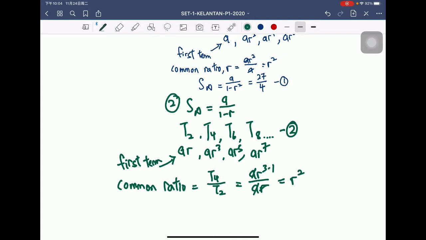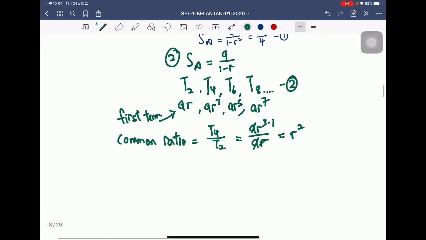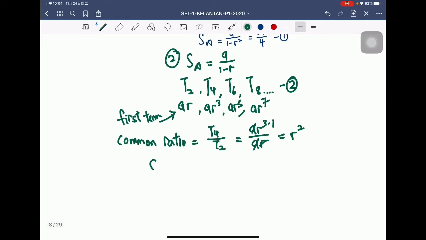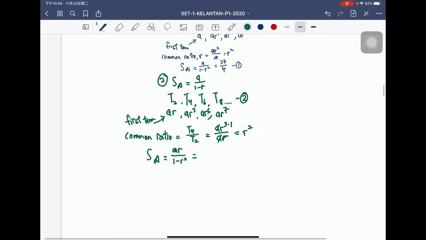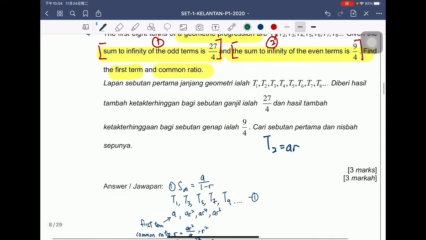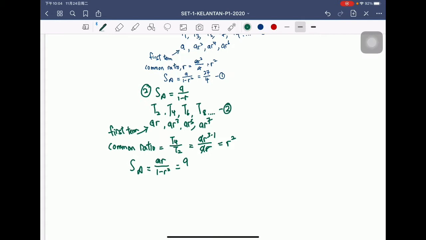So the common ratio is r squared. For the second equation here, S infinity will be the first term, ar, over 1 minus r squared, and the answer is equal to 9 over 4. So this is our second equation.